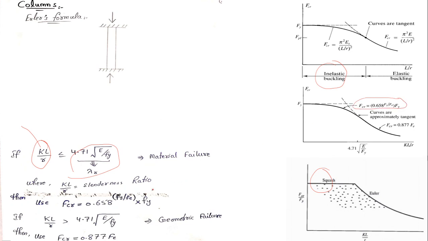As it is a material failure, you can see that Fy and all material parameters have been included in this equation. Fy is the material property, and you are modifying this Fy. If your KL by r is greater than 4.71 square root of E by Fy, then elastic buckling would occur, and the Euler equation would be used, and your F critical would be 0.877 multiplied by F effective.